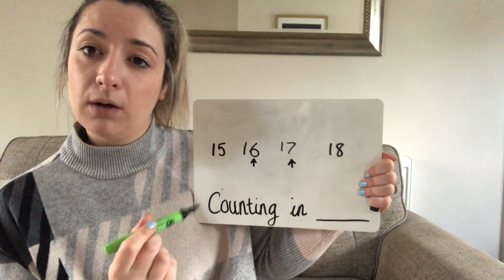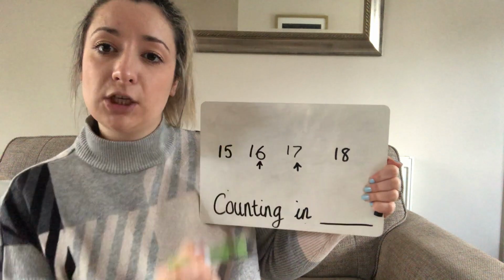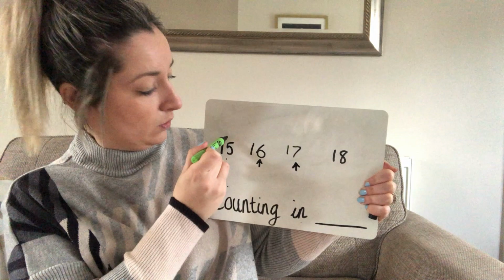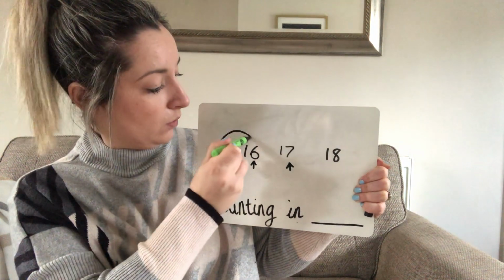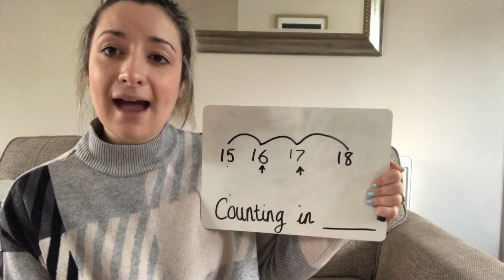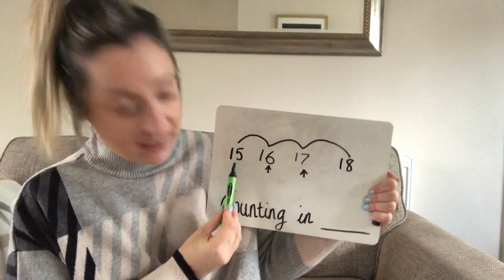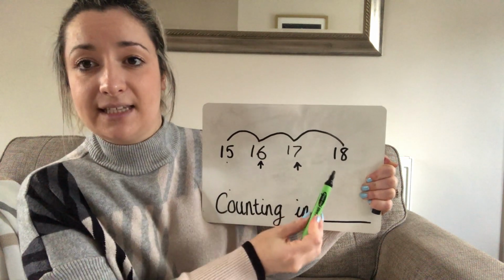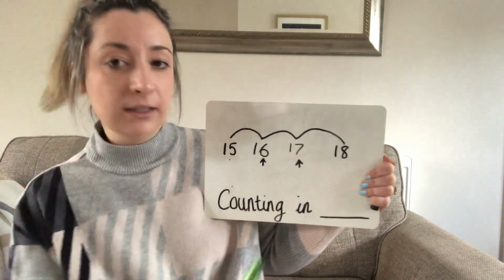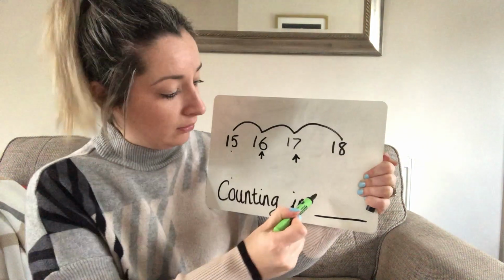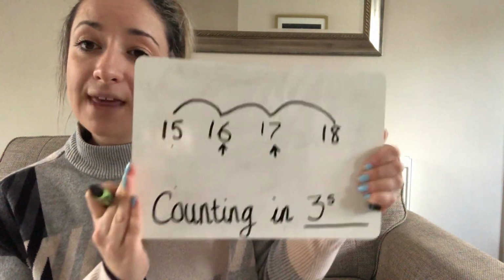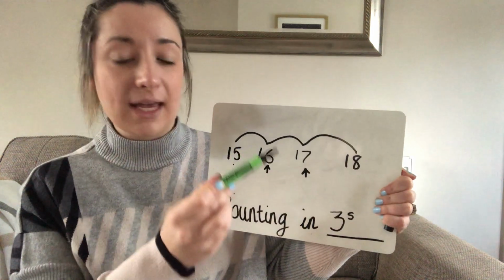Okay, and now I'm going to count how many jumps it takes from 15 to 18. Starting on 15, 16, 17, 18. How many jumps did I need to get from 15 to 18? So I went 1, 2, 3. So I'm counting in threes.